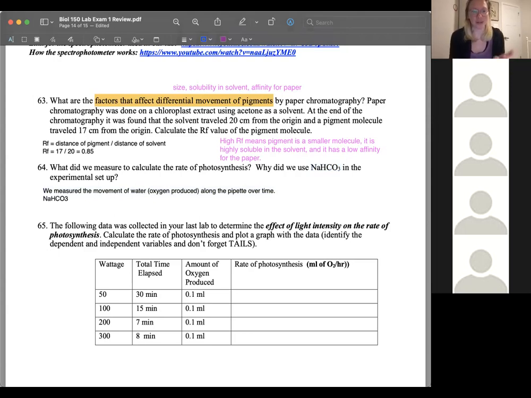Yes, that was our source of carbon. There was no carbon dioxide in that tube because it was completely filled with liquid, so we needed to get a carbon source in there in order for photosynthesis to keep rolling along. So that was our source of carbon, which is basically baking soda dissolved in water.